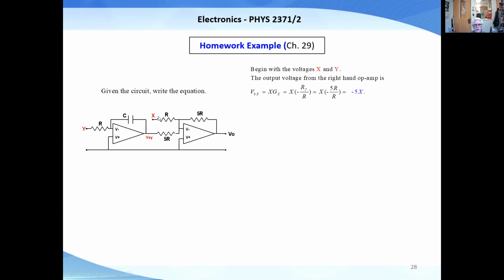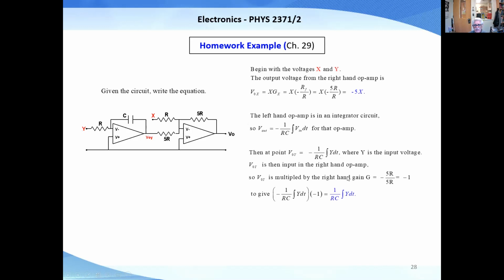So from X, you're going to get a voltage out here that's minus 5X. If you go over here, we know this is an integrating circuit, far left. So voltage Y, you're going to get a voltage out here that is, sorry.